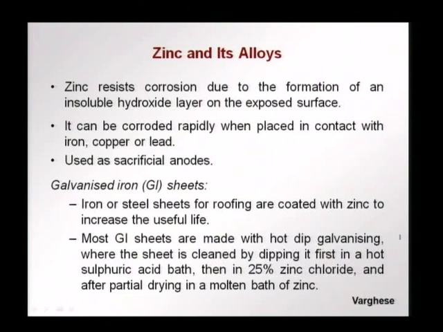One is to prevent water from entering and getting into contact with the steel, so that the steel does not corrode, and secondly, even if the coating is scratched, which can often happen in roofing, the zinc will preferentially corrode. It will sacrifice itself to some extent to protect the steel and increase the life of the galvanized iron sheet.